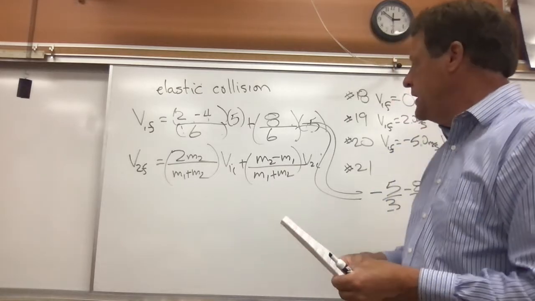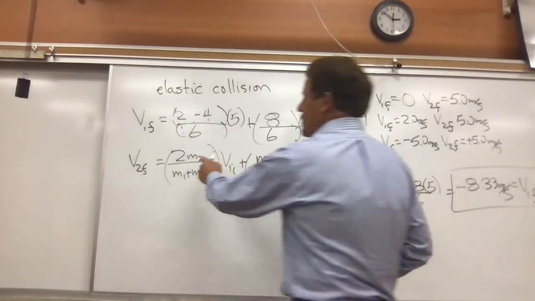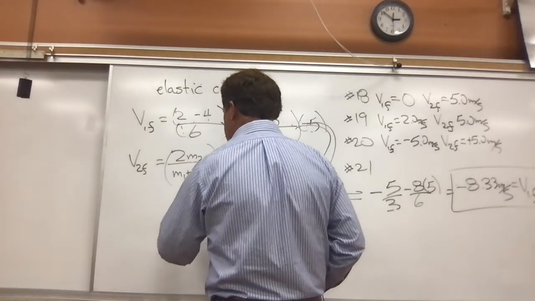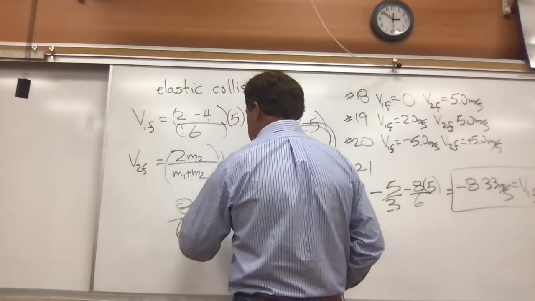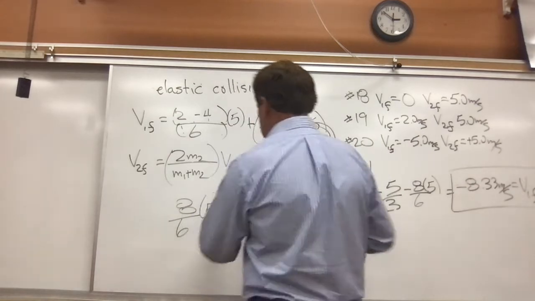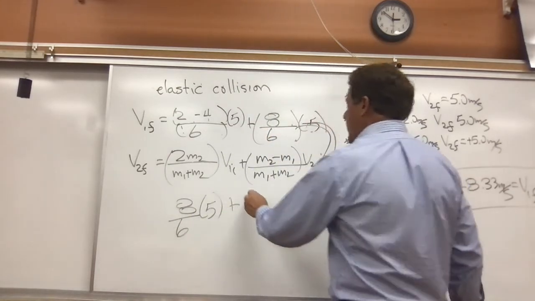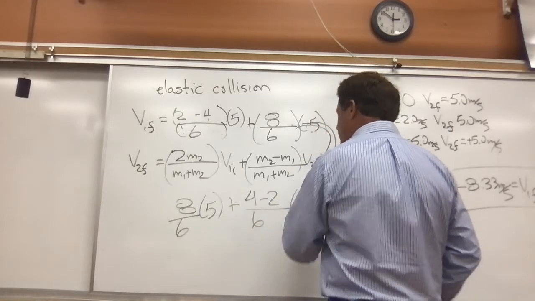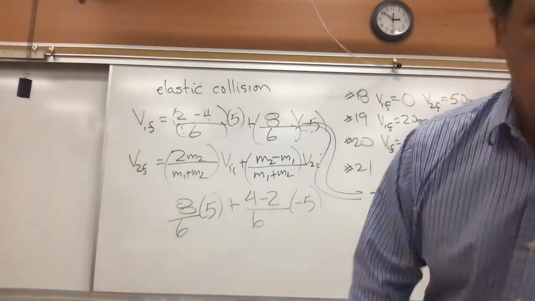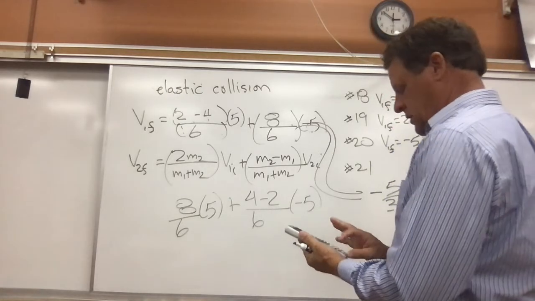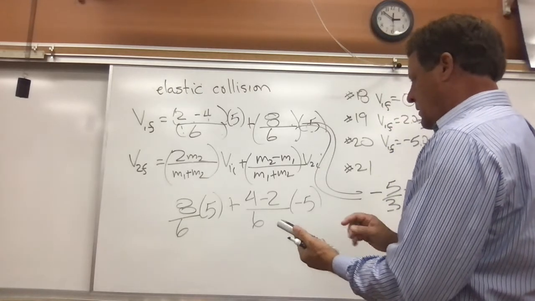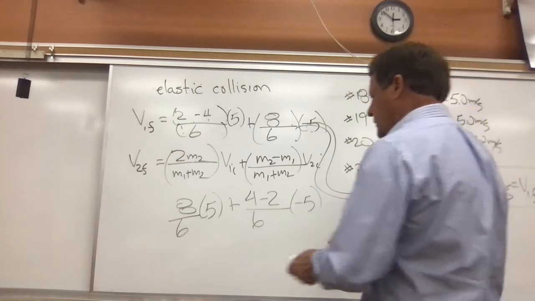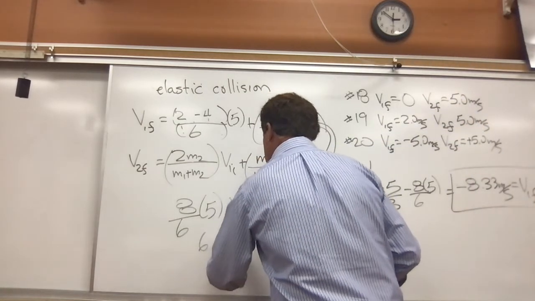So our V2 final is going to be 2 times our second mass, which is going to be 8 divided by 6 times 5. Okay, and now we're going to have 4 minus 2 over 6 times -5. And 40 divided by 6 is going to be 6.67.